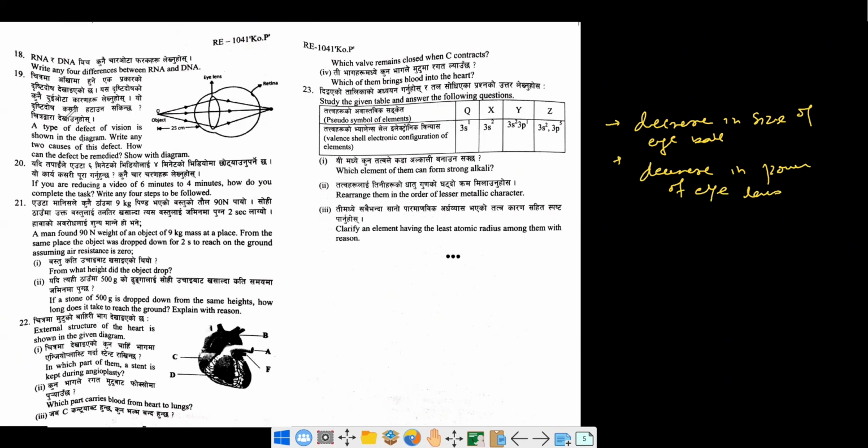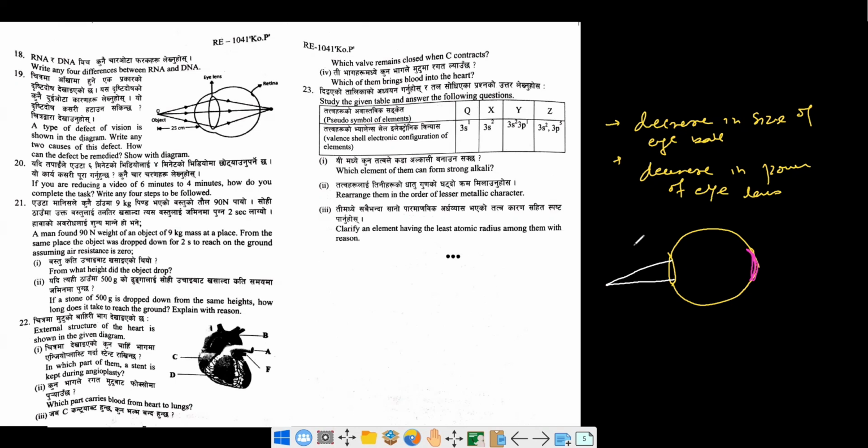And how can this be corrected, show with a diagram. Since the ray has gone behind, simply what we can do here is suppose this is our eye, and this is our retina. Let me draw with another color so that you can distinguish well. So this is our retina. Let us suppose the light is coming this way, and we have to bring it in here.